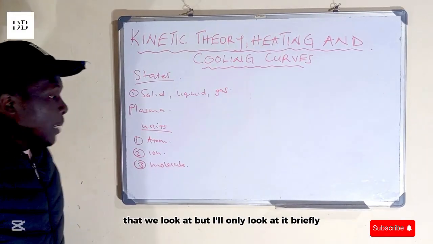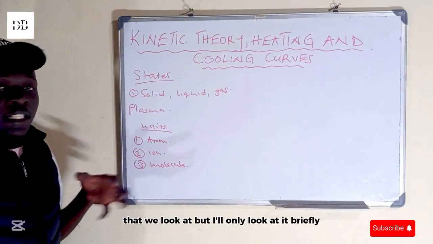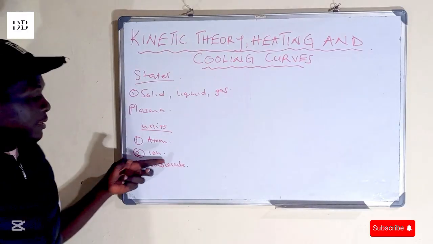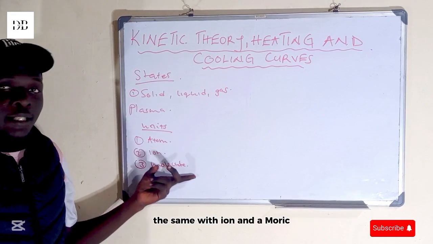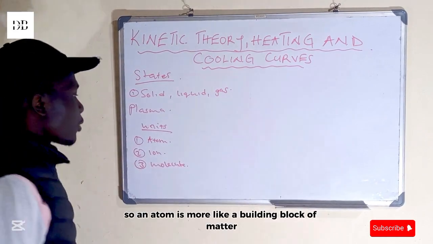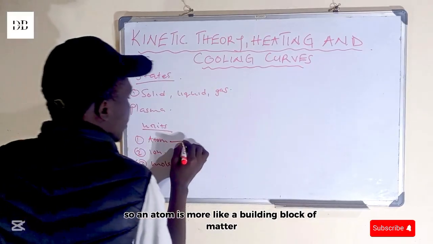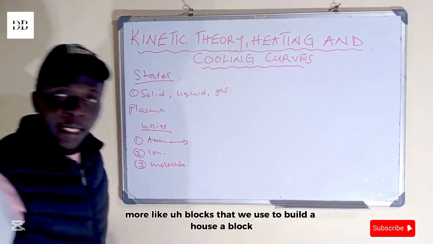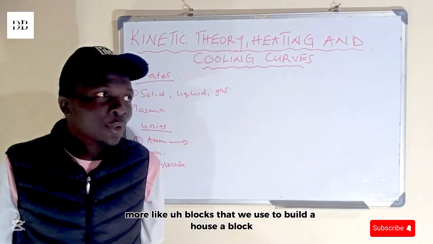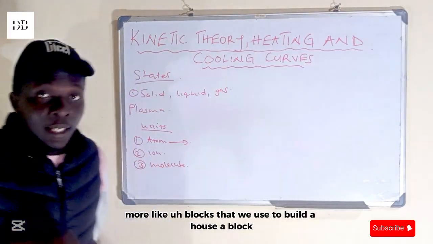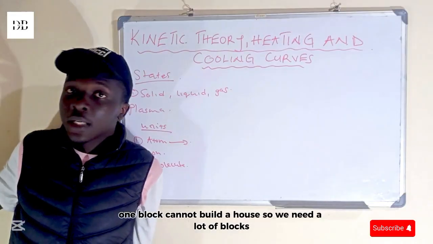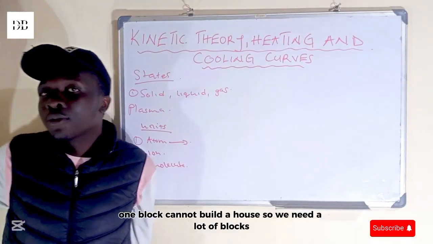An atom will be described further in the topics that we'll look at, but I'll only look at it briefly. The same with ion and a molecule. An atom is more like a building block of matter, more like blocks that we use to build a house. One block cannot build the house, so we need a lot of blocks.